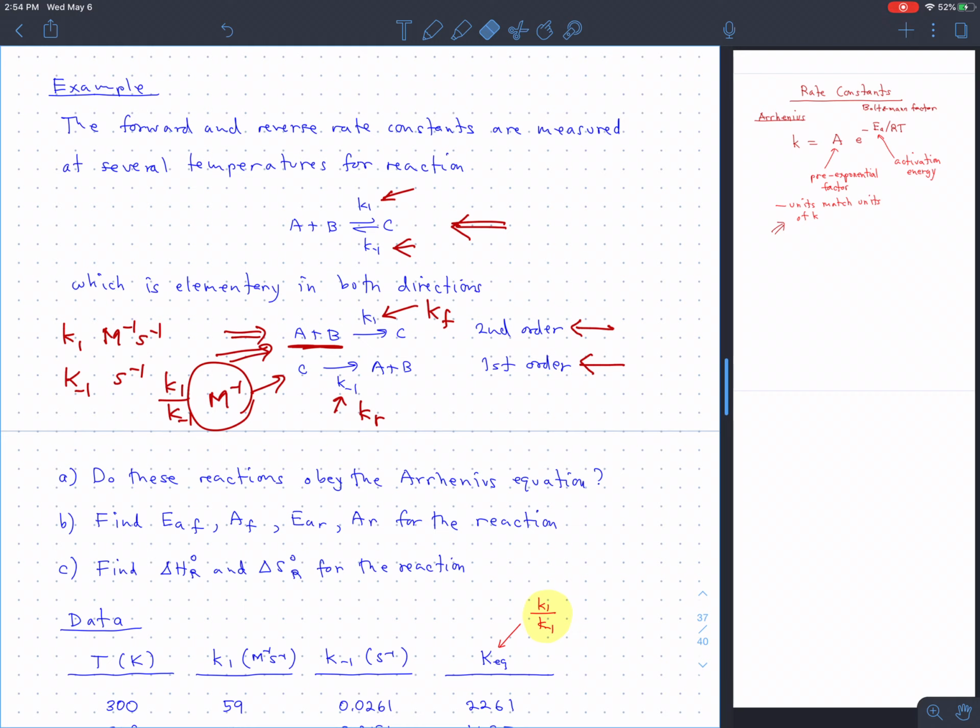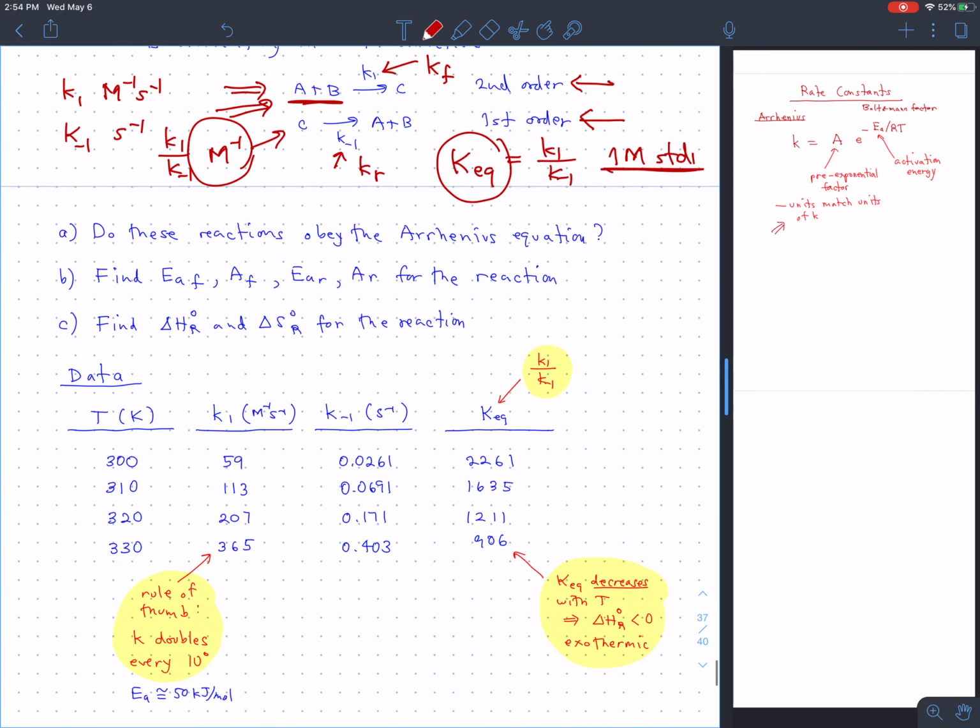So when we calculate equilibrium constants using K1 over K minus 1, using the detailed balance theorem or principle, we're going to get an equilibrium constant for a 1 molar standard state. And that's important for understanding what numbers we're getting.